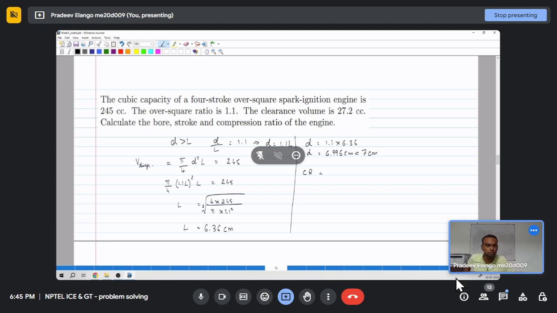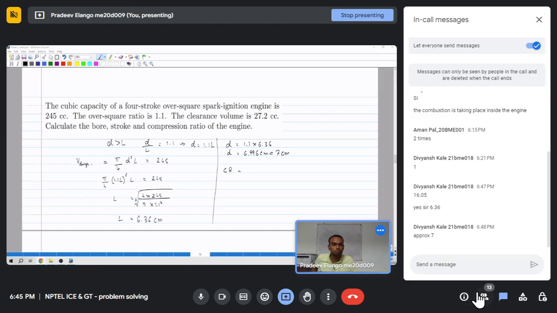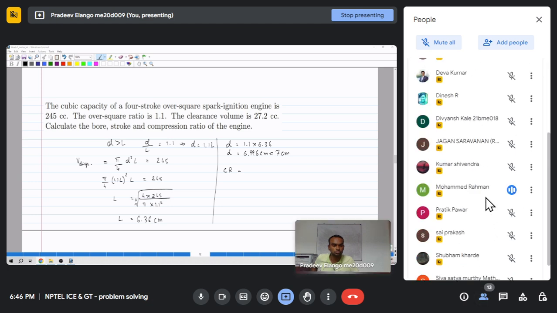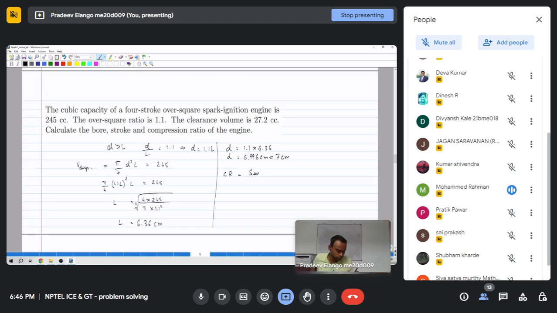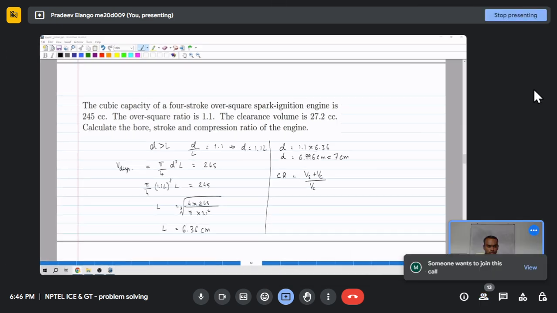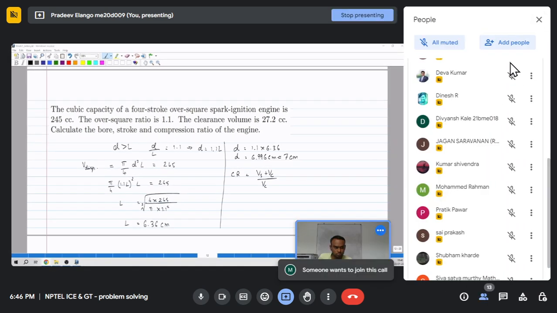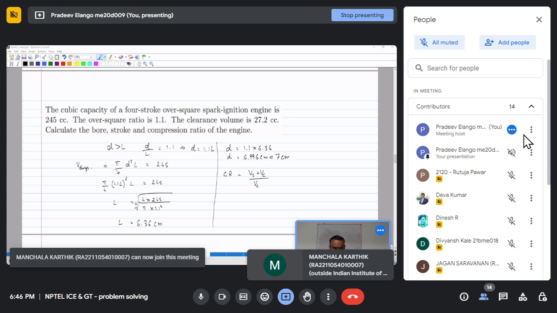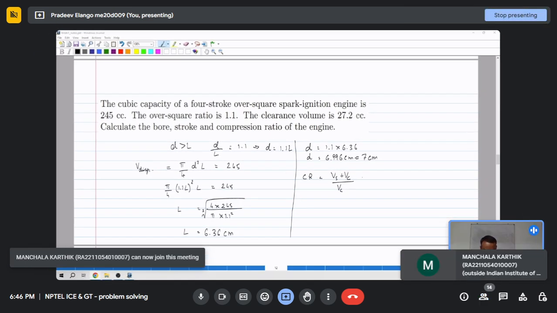Swept volume plus clearance volume by clearance volume. So now we know the swept volume.